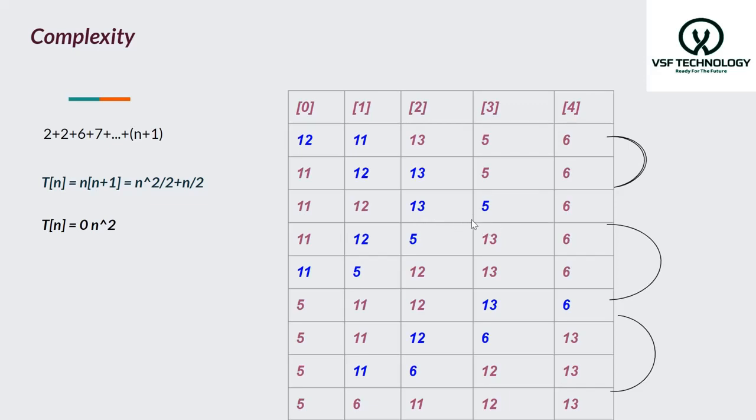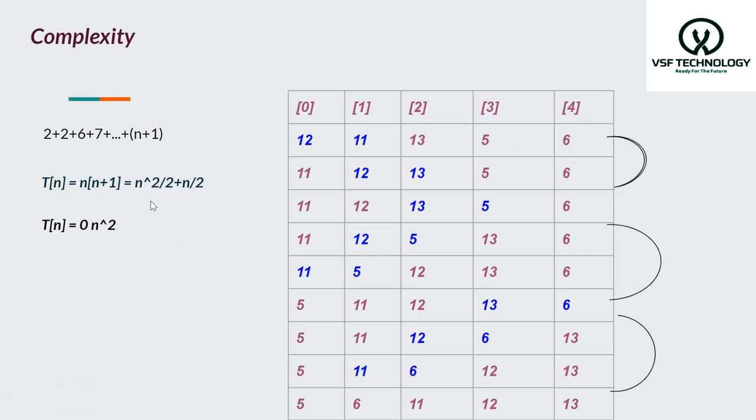Now 5 against 13, 12 or 11 takes 3 comparisons and 3 movements. Then element 6 against 13, 12, 11 or 5 takes 4 comparisons and 3 movements.